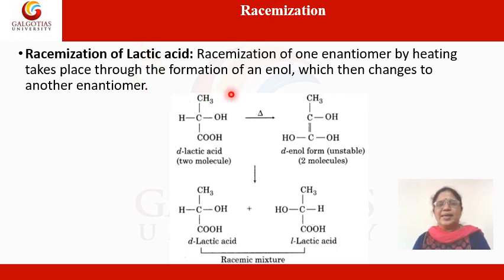Now here, racemization of one enantiomer by heating takes place through formation of an enol, and then it changes to another enantiomer. We can see here the dextro lactic acid is taken in 2 moles, and when it is heated, it is converted into the enol form, which is D-enol, and this is unstable.